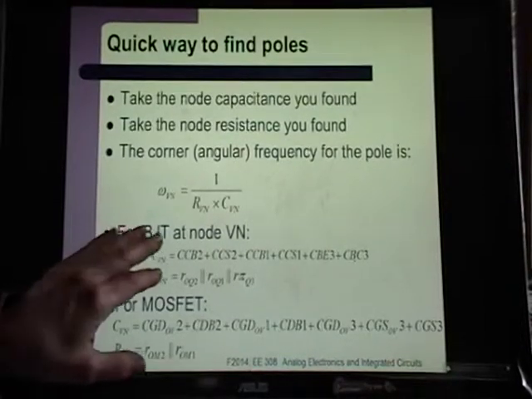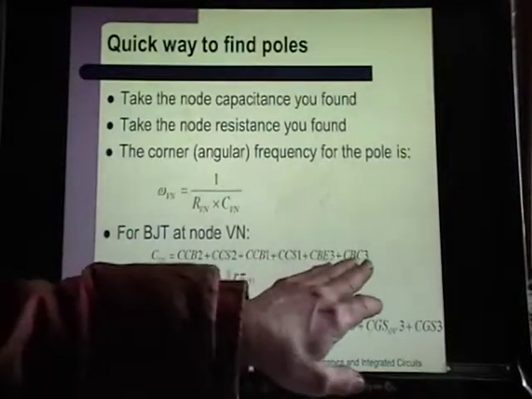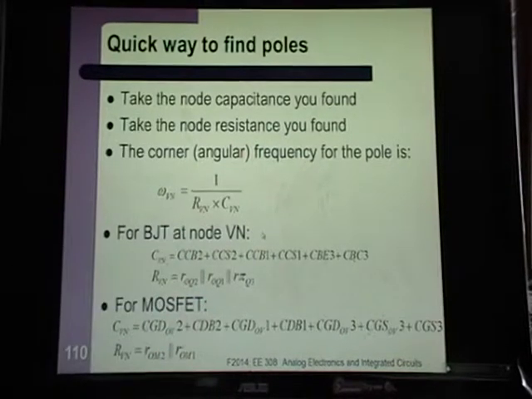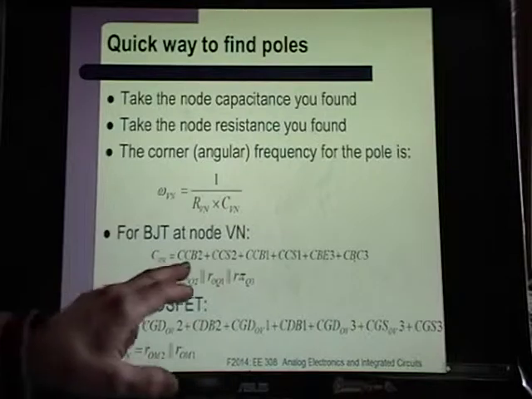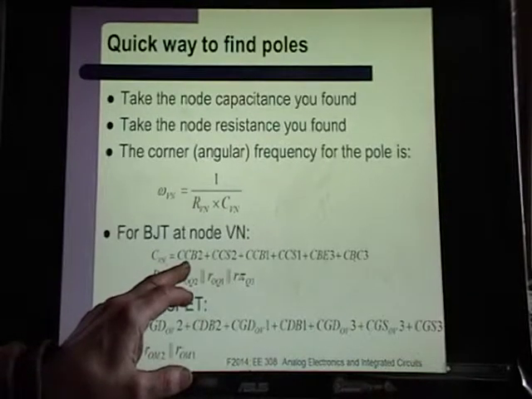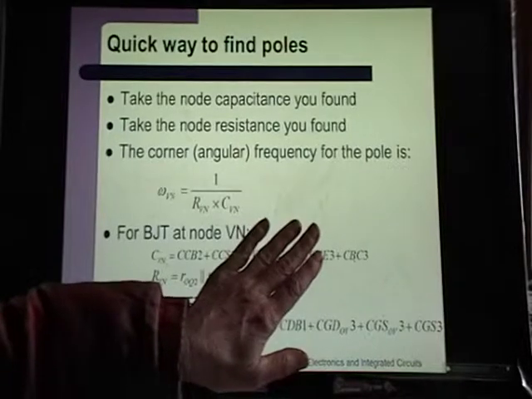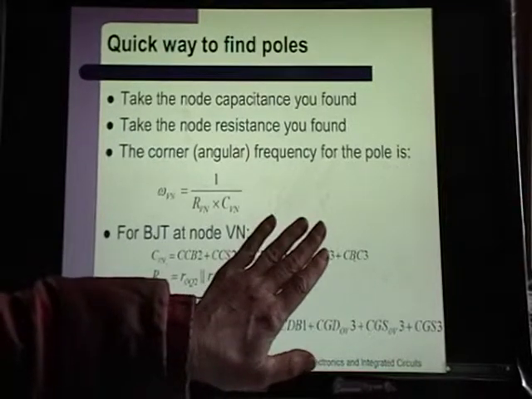So for a BJT at node Vn, we found our capacitances. This is a lie. I've got to fix this. I will post new slides, because remember, we don't have the 1 plus Av in here. I have to add those. I will post the fixed slides in a minute.